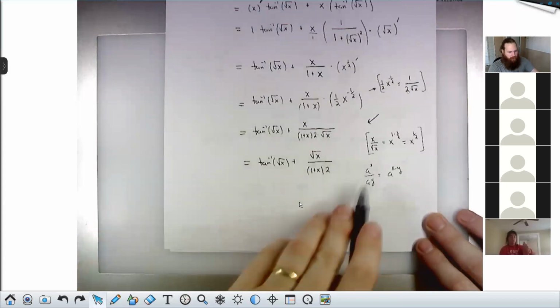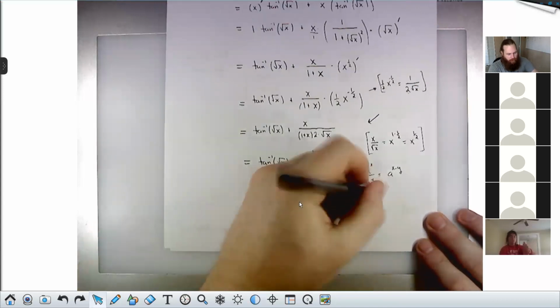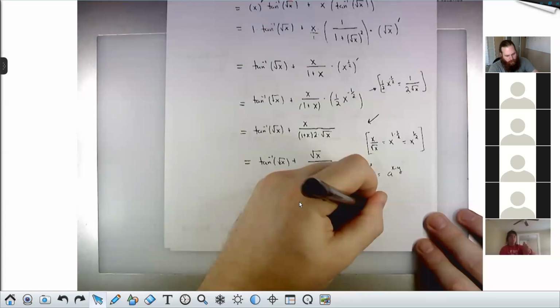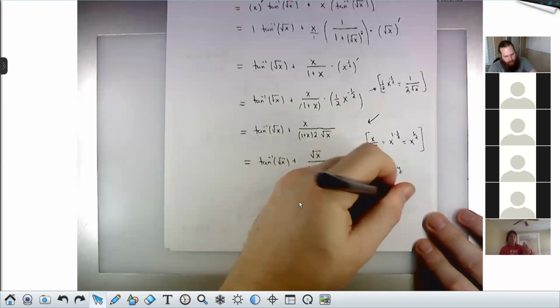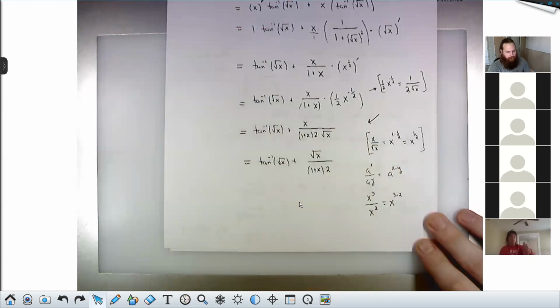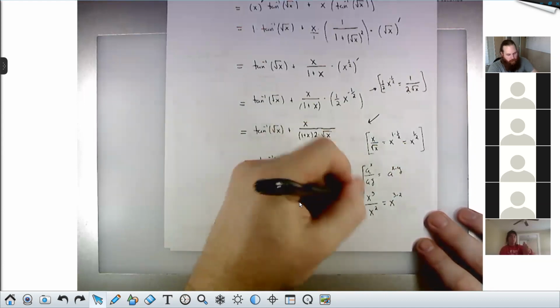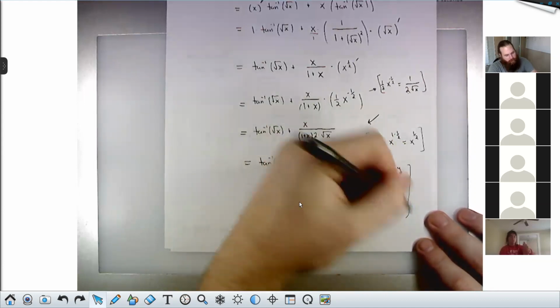Does that look familiar? This rule for powers? Like x cubed over x squared is the same as x to the 3 minus 2. Okay, it's been forever. That's okay. Yeah, so Calc 1 basically makes sure that you remember every little bit of your algebra.